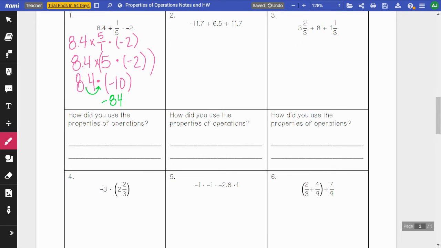Well, we used the multiplicative inverse property. I'm just going to write that down. We'll use that to get rid of the fraction.